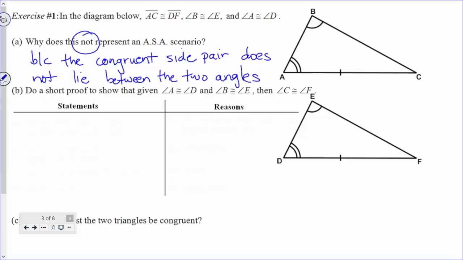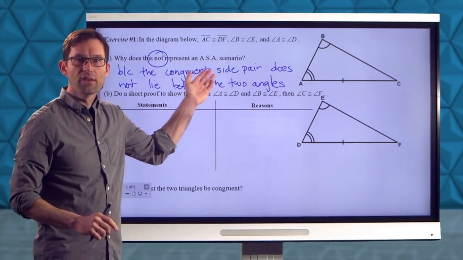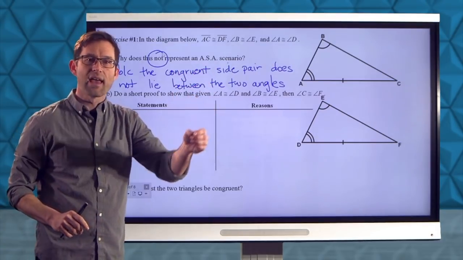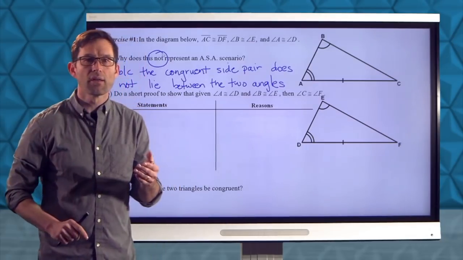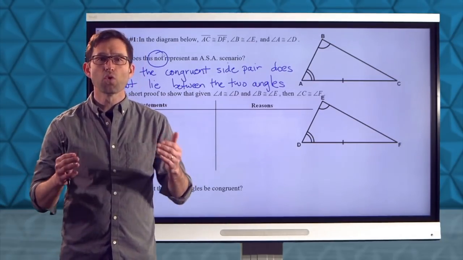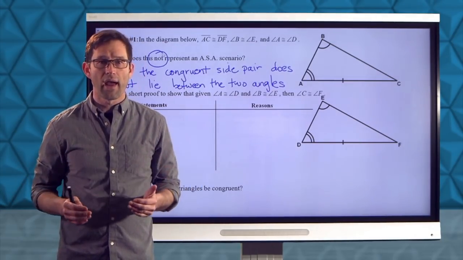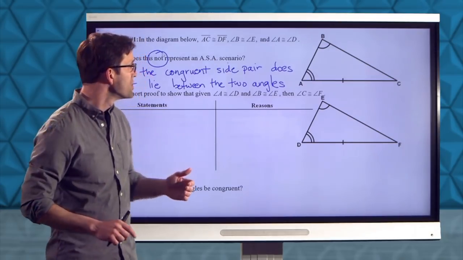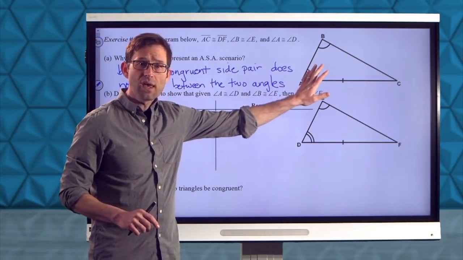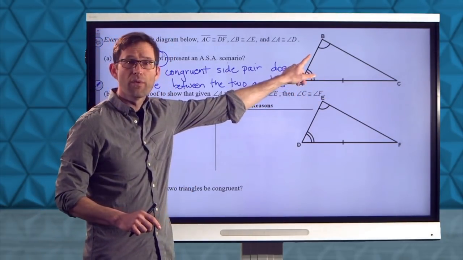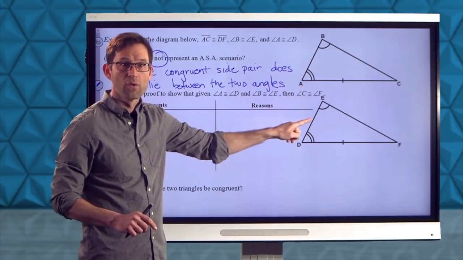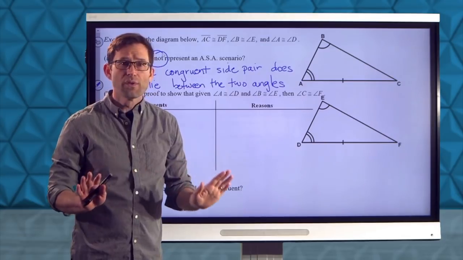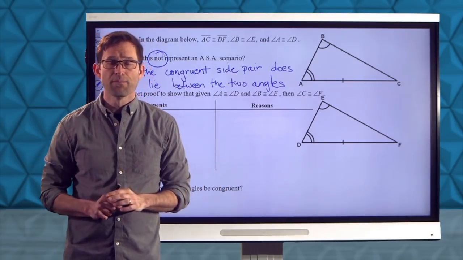All right? So the order of the letters in these kind of acronyms, ASA, matters, right? And we talked about ASA to begin with by saying that the side had to be between the two congruent angle pairs, okay? So in other words, if we were to use ASA here, we would have had to have known that this segment was congruent to this one, this congruent to that. All right, so this does not represent ASA.